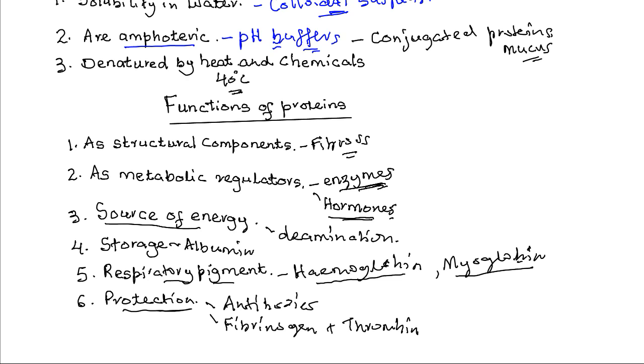And also, not only to prevent excessive bleeding, the clot also prevents the entry of pathogens through the open wound. So in that way, proteins, and in particular the plasma proteins fibrinogen and thrombin, do play a role in the protection of the body.